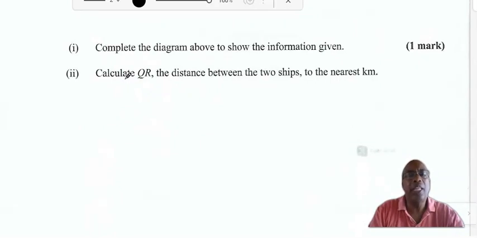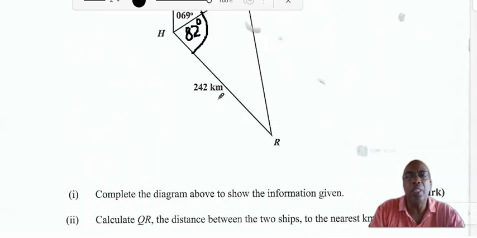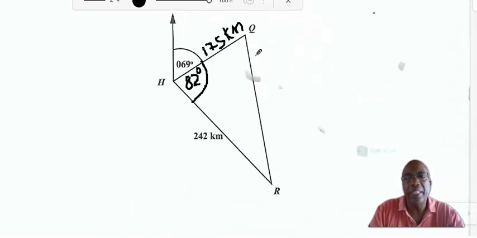where we have to calculate the distance QR, that is the distance between the two ships, to the nearest kilometer. So we have to find that distance here, QR. Now this is not a right angle triangle, so we cannot use the trigonometrical ratios. We have to use either the sine rule or the cosine rule.